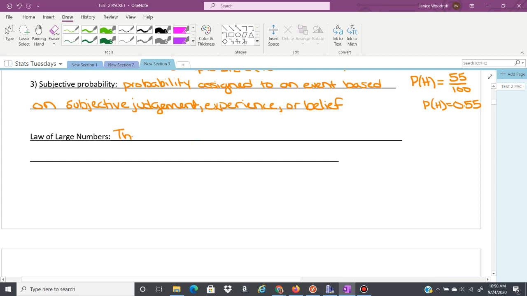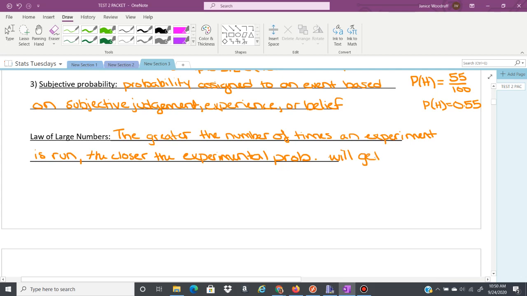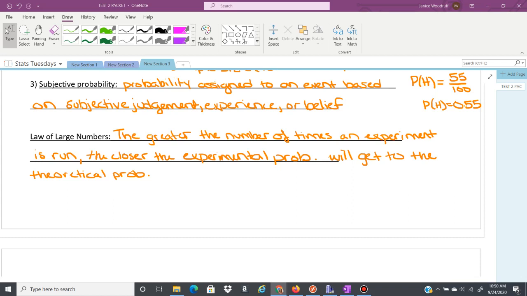So the greater the number of times an experiment is run, the closer the experimental probability will get to the theoretical probability.